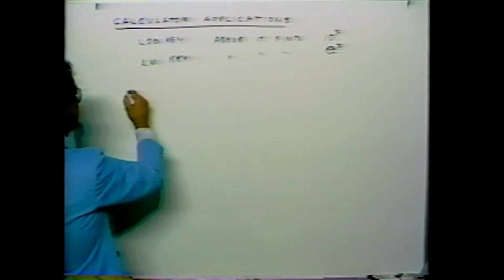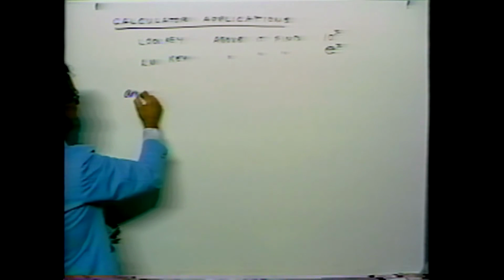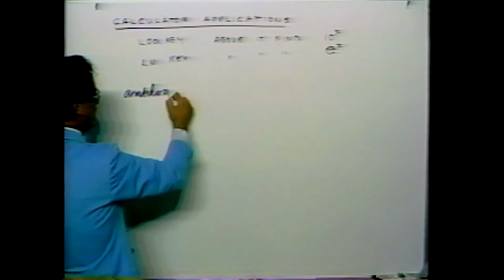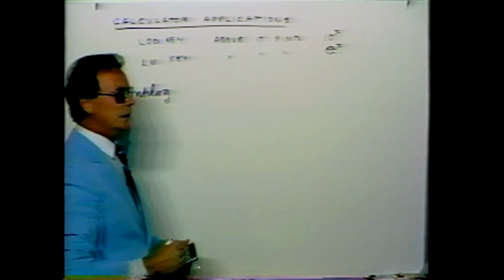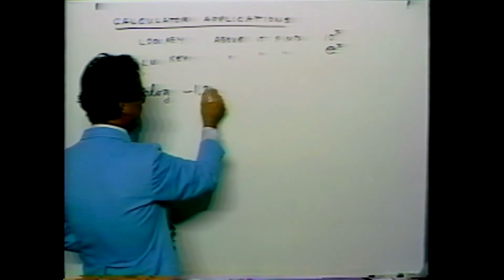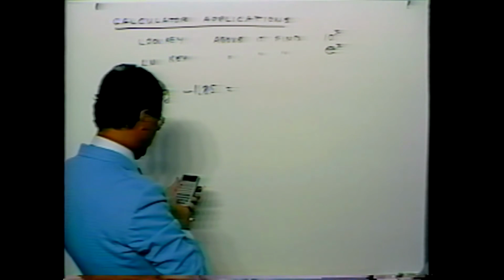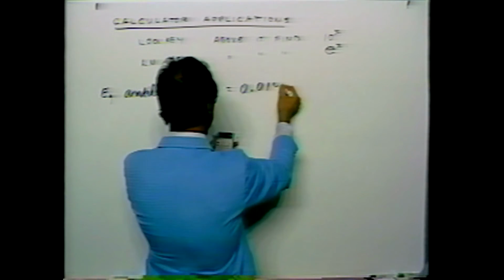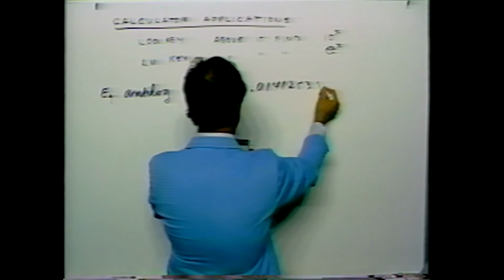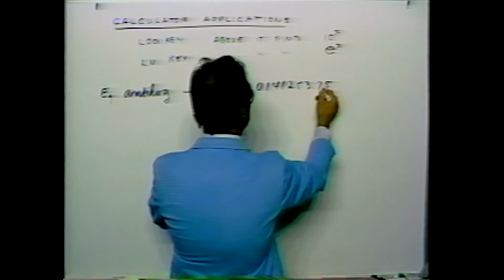So if we want to determine then the antilog of negative 1.85, enter negative 1.85 and your inverse or second key. You should get 0.014125375. Try that on your calculator.